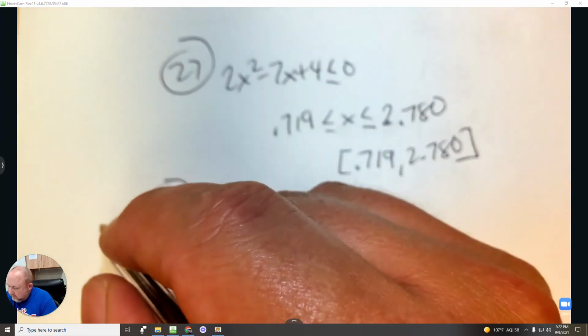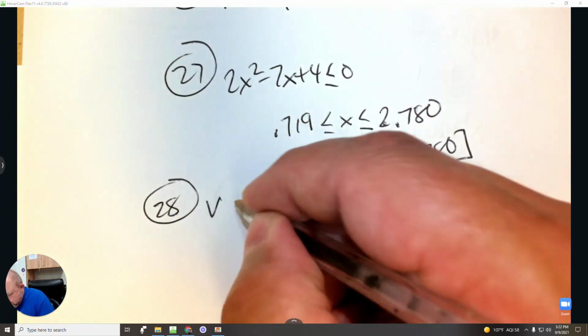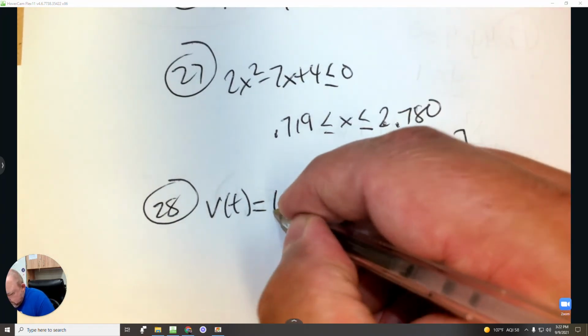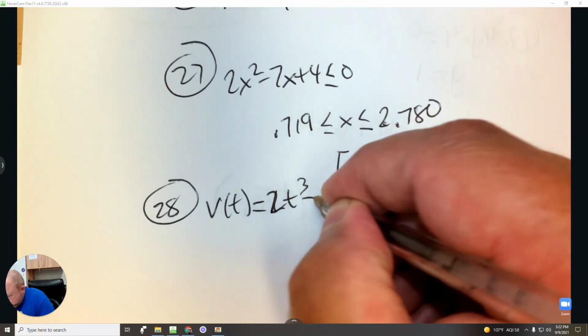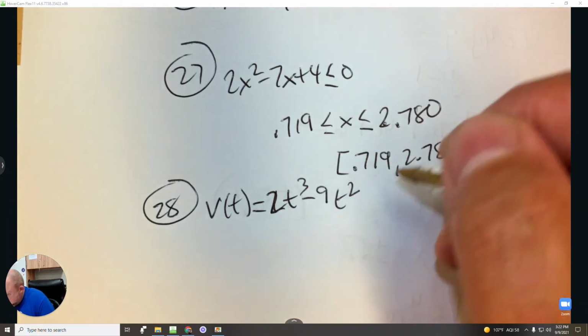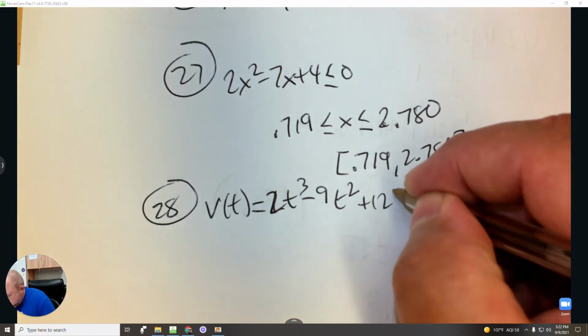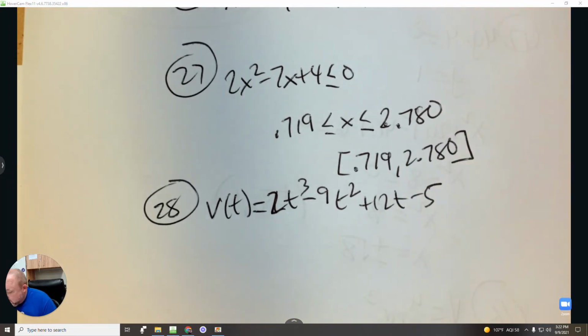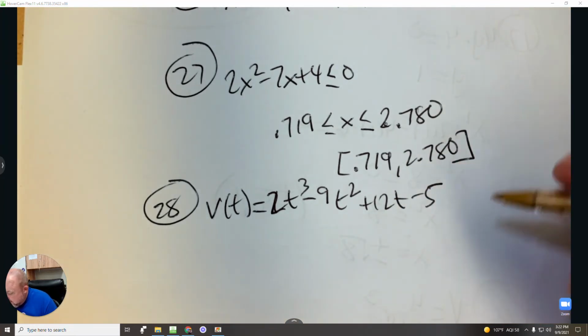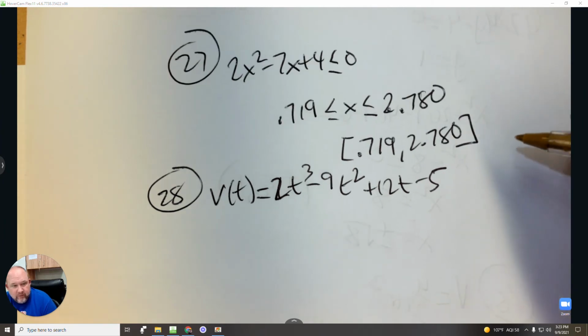28. An object's velocity... it says find the object's speed each time the acceleration is 0.